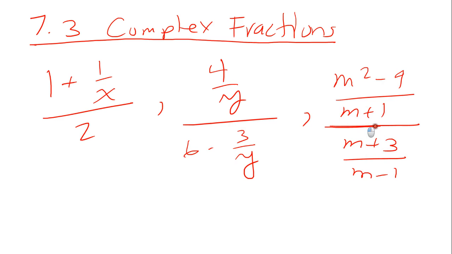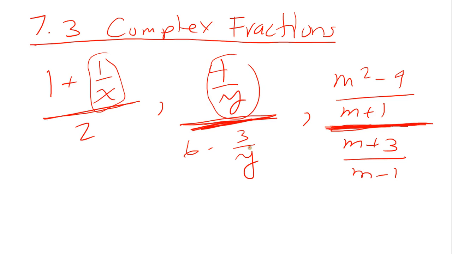This gets a little tricky reading by hand, but I'll try to make it darker so that you know it's the main division line. Here you have a sum involving a fraction. Here you have a fraction in the top and a fraction subtracted. And here you have a fraction in the top and a fraction in the bottom.